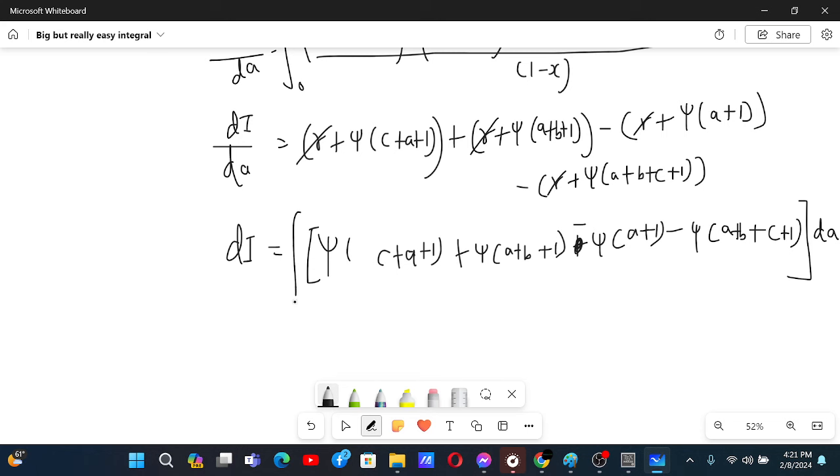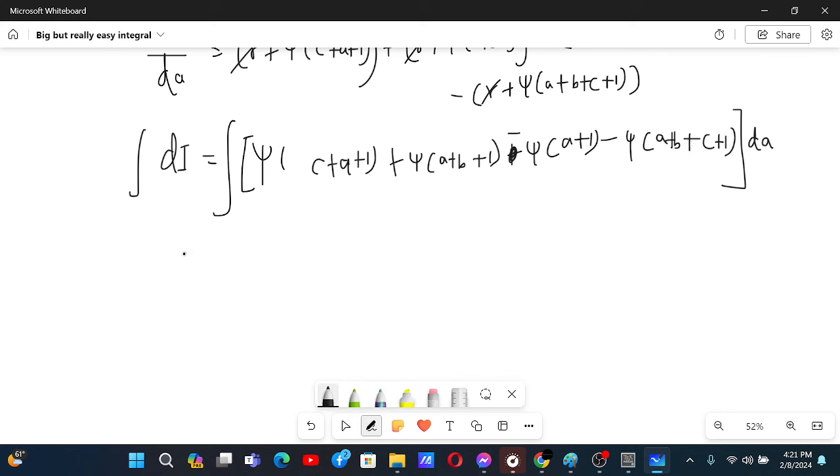Now let us integrate both. Now we get I, and the coefficient of a in each of them is just 1, so this is going to be log of gamma of c plus a plus 1. Now I think you are beginning to see why the RHS wasn't really a scary one.